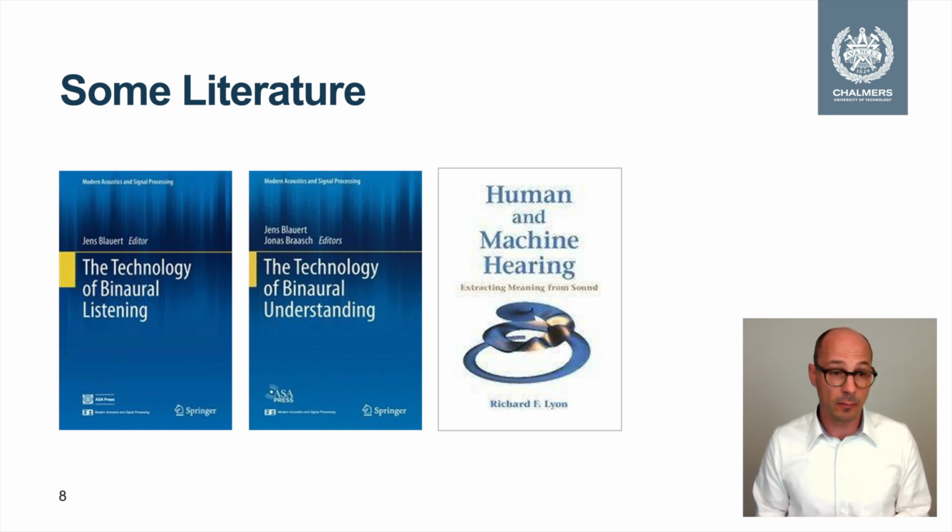Richard Lyon's book on human and machine hearing, for example, together with other comparable literature, targets rather non-spatial applications in the modeling, such as music information retrieval and the like.